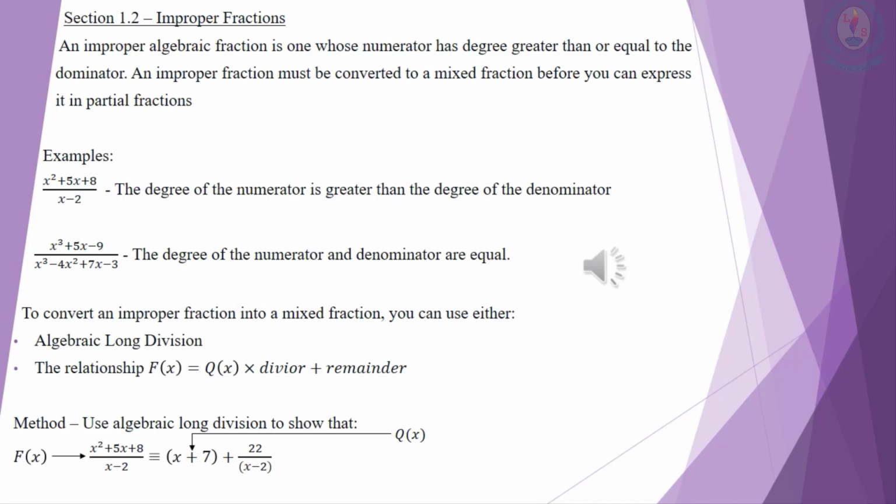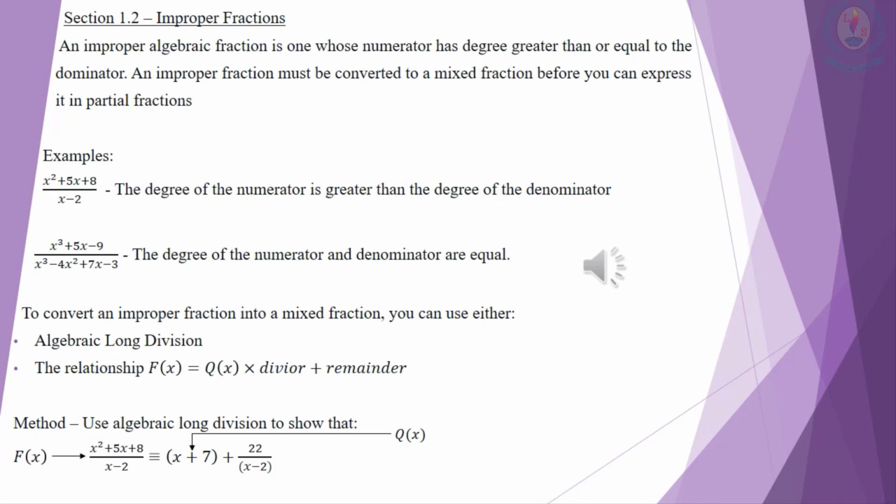An improper fraction must be converted to a mixed fraction before you can express it in partial fractions. I have given two examples below. Example one: x squared plus 5x plus 8 over x minus 2, where the degree of the numerator is greater than the degree of the denominator.